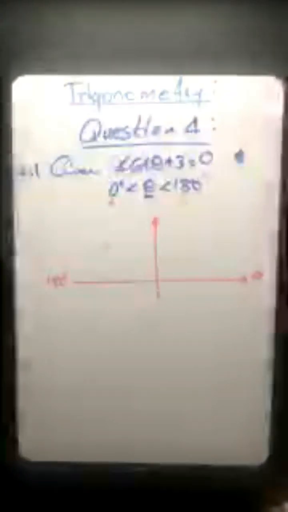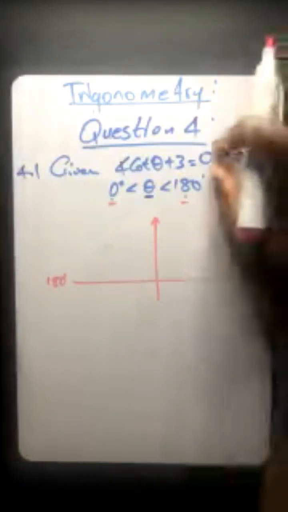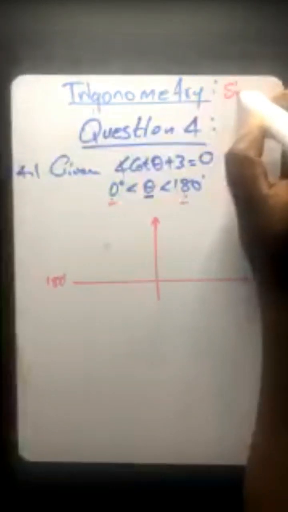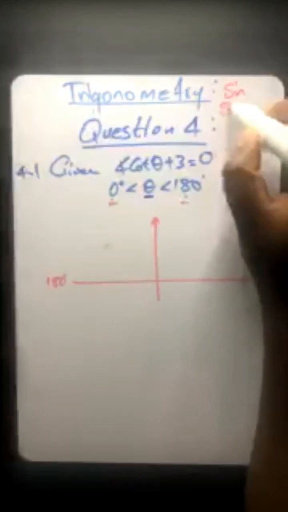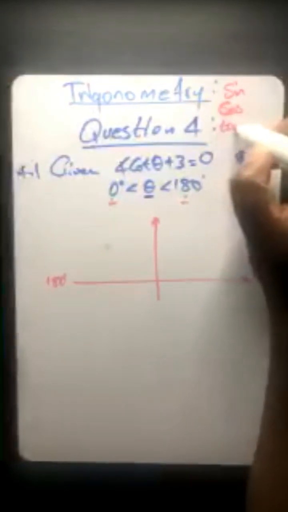The question is, how are you going to know in which quadrant your triangle lies? That's why I always say, whatever you are given, try to rewrite it as a trig ratio of either sine, cos, or tan. But you can see it's not given to you in that format.